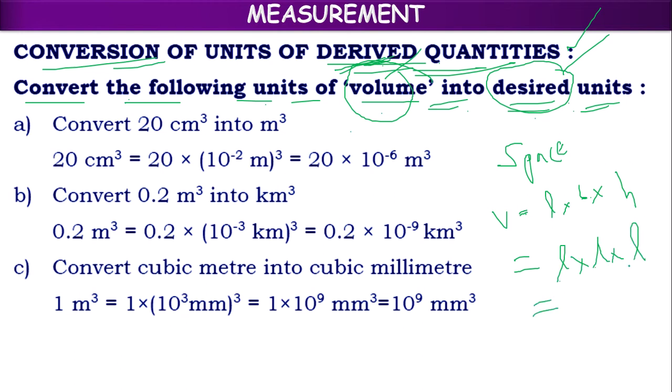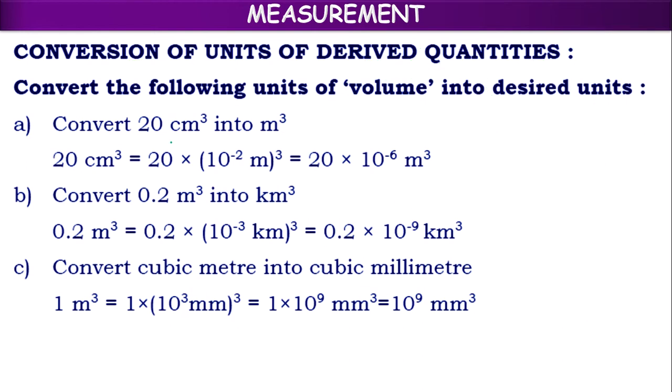L into L into L means length cube. So where length is measured in centimeters or meters, if we take centimeter into centimeter into centimeter, we will have centimeter cube, which is the unit of volume.